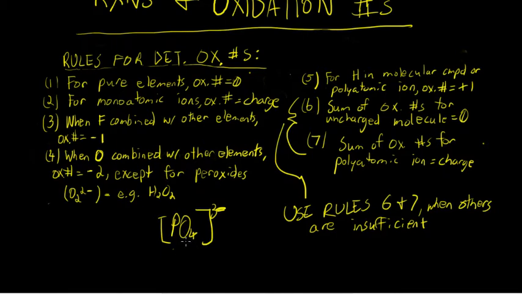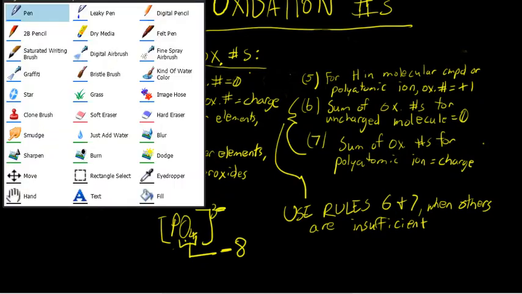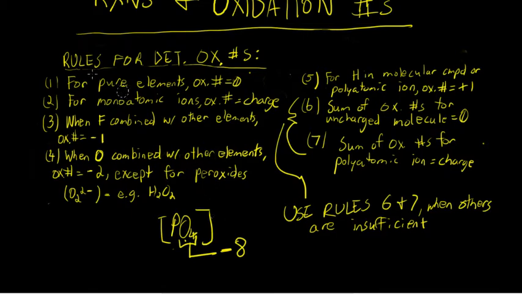You'll see both of those terms. So when you have 4 of them, that'll total to -8. 4 times -2. The sum of the oxidation numbers for this ion is equal to the charge, so it's going to be -3. This 3 minus might be confusing. That's one way of writing the charge. Some books you'll see -3 here instead of 3 minus, so I'll just write -3.